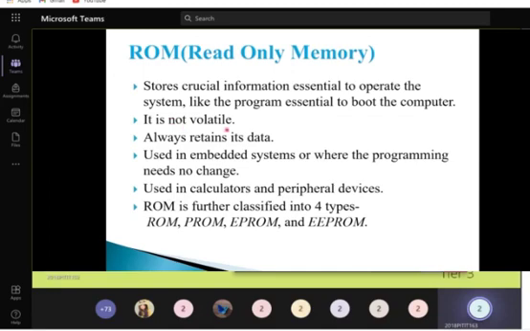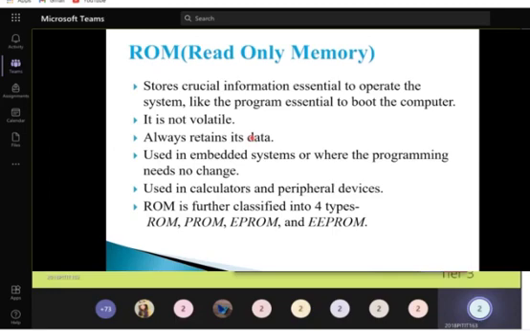So that is the meaning of non-volatile. The content will not get erased even though the power is off. It always retains its data. Only then, whenever I turn on my computer, it turns on and I can see all the things, whatever I want to use.